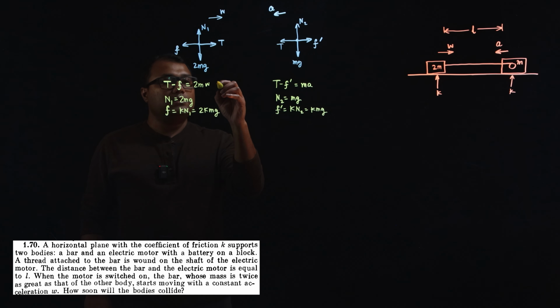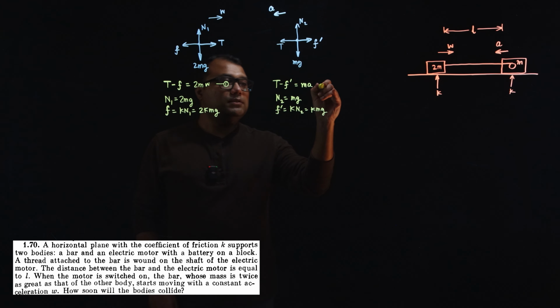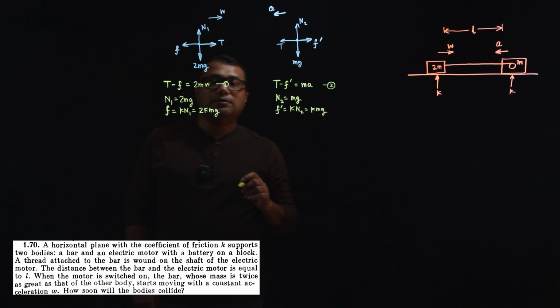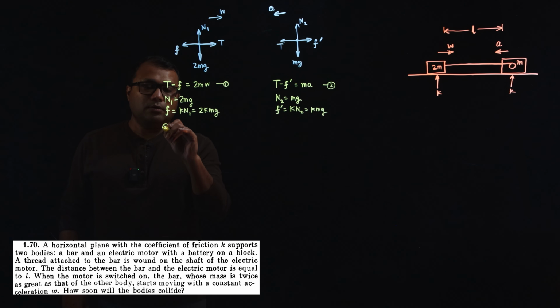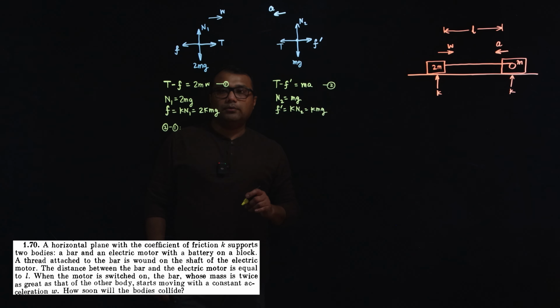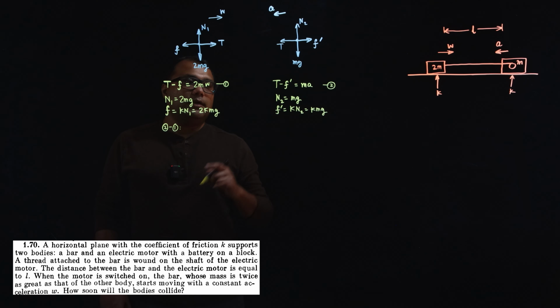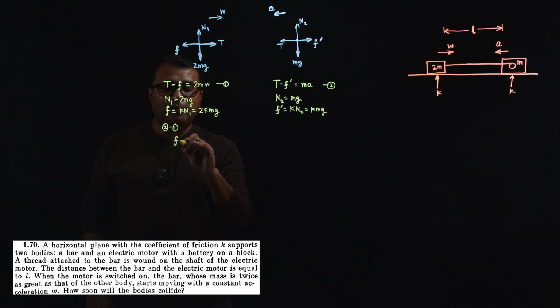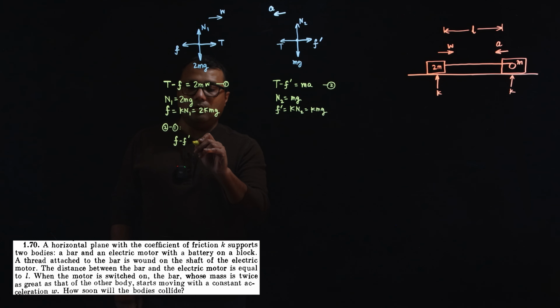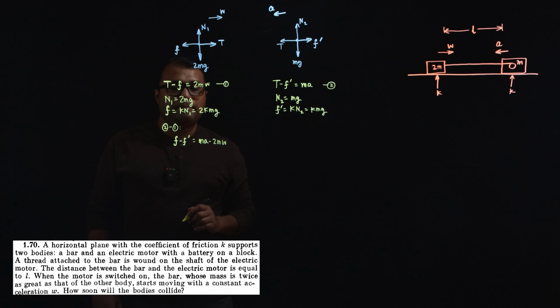So maybe this is equation 1, this is equation 2. If I subtract 1 from 2, the tension and tension will get cancelled out. So we have F minus F dashed equals mA minus 2mW.